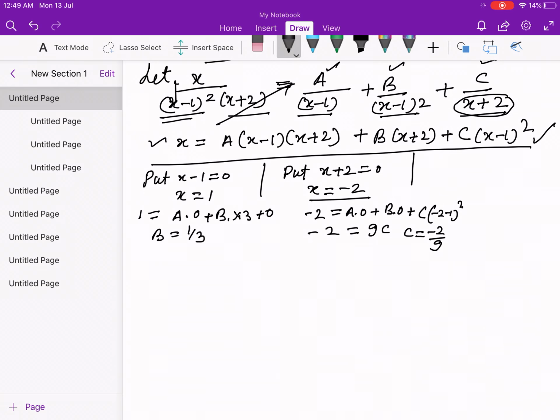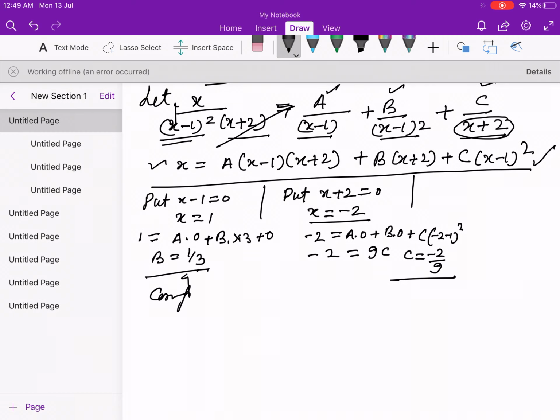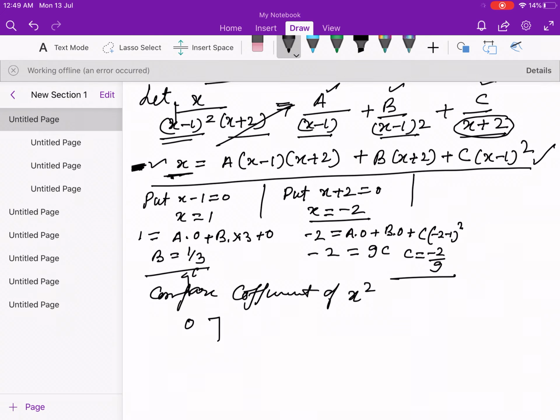Now we have found b, we have found c, we have to find a also. So compare the coefficient of the highest degree term. Here in this expression, the highest degree is what? That is x square. So compare the coefficient of x square. On the left hand side, there is no x square, so 0.